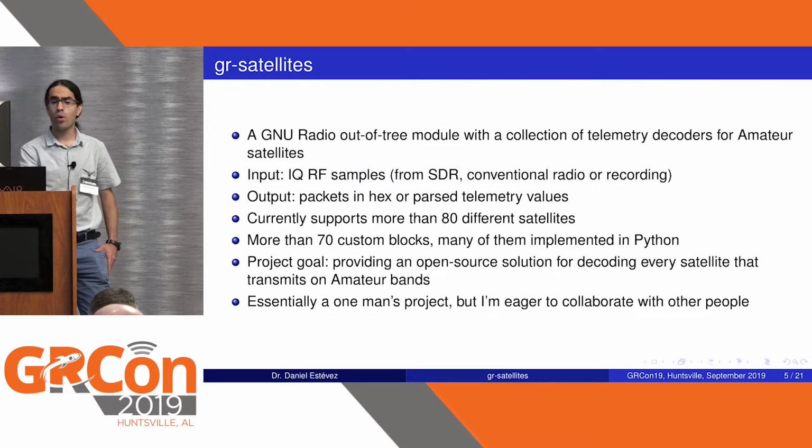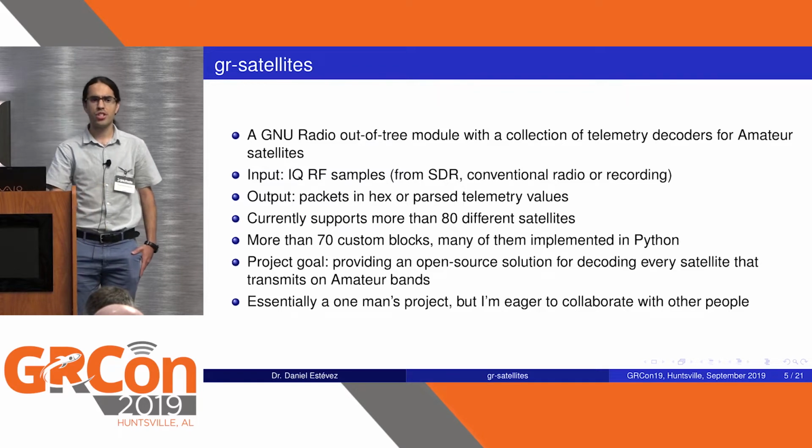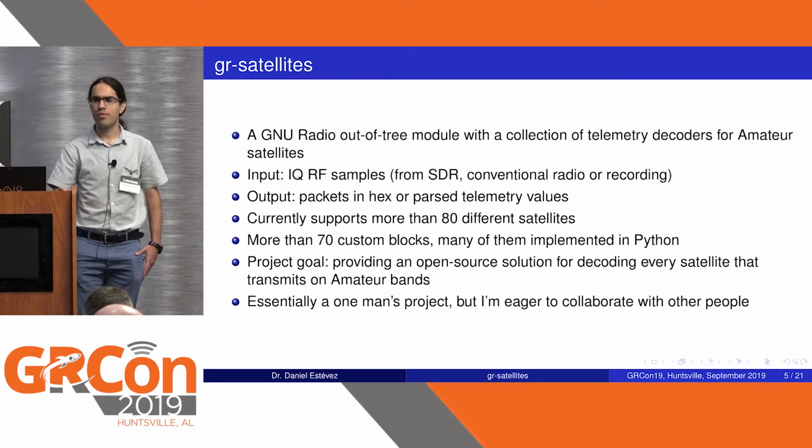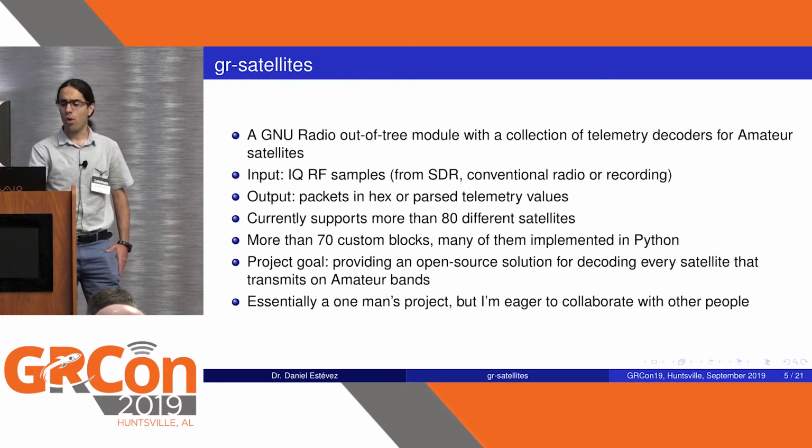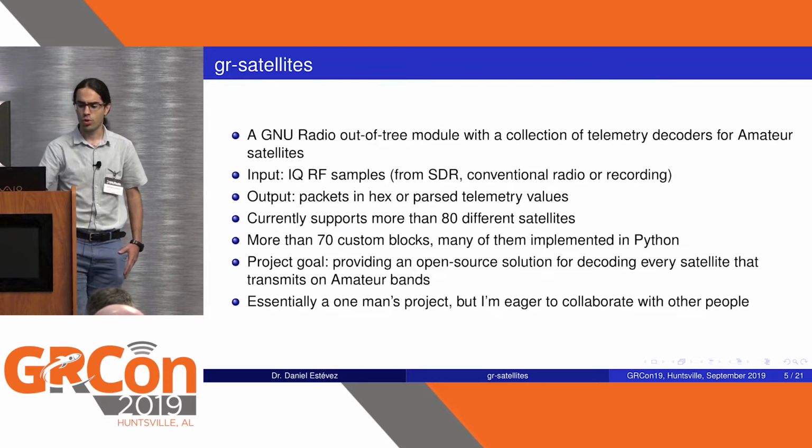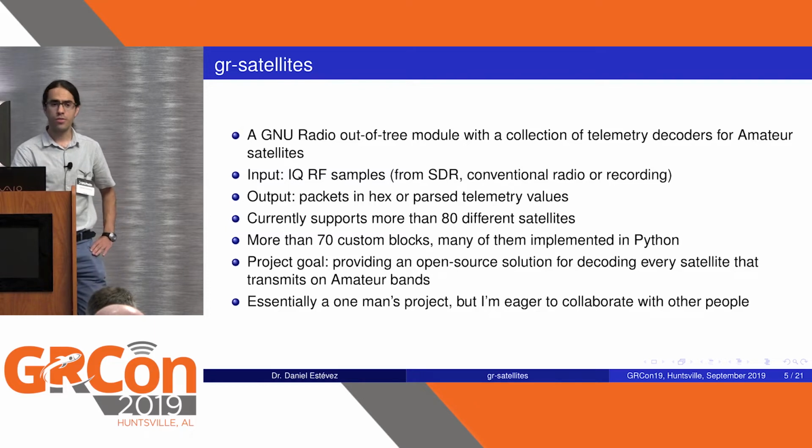Currently, it supports more than 80 different satellites. Many of these are very much alike, so they use very similar protocols, but others are quite different, and they use ad hoc protocols. It has a lot of different blocks. Many of them are in Python, but also some are in C++.